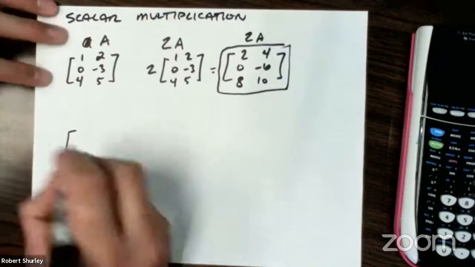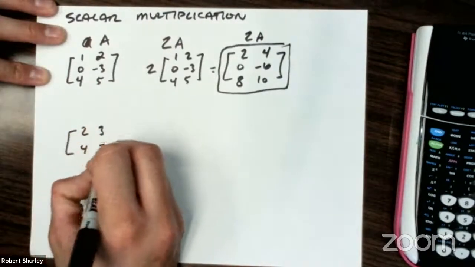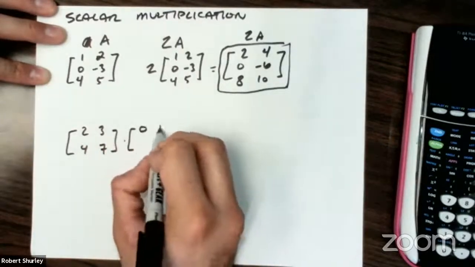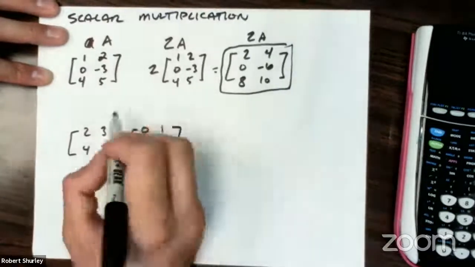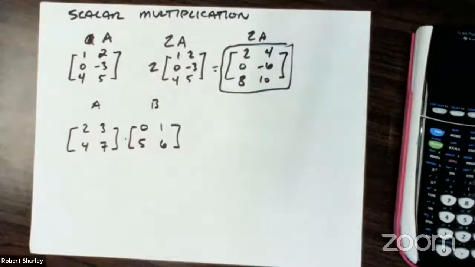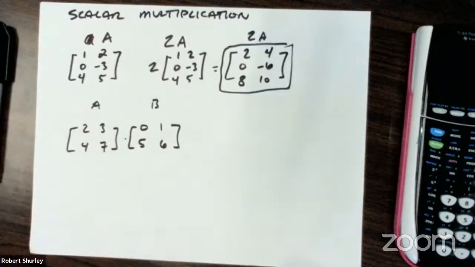I'm a little ahead. So 2, 3, 4, 7. I'm going to multiply that by 0, 1, 5, and 6. We'll call this one A and this one B. This one's going to take a little more thinking than just the scalar multiplication.